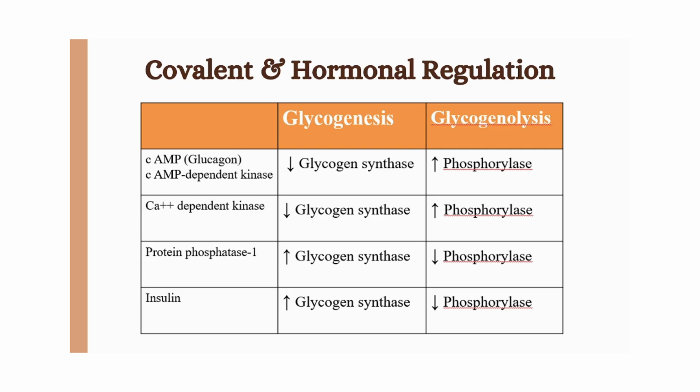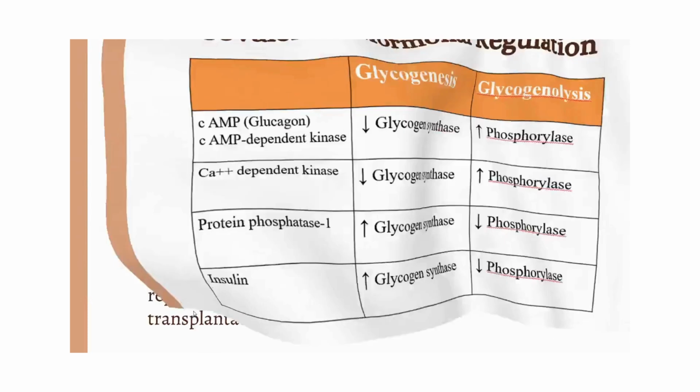So when there is a lot of glucose, insulin will be released and it will activate glycogen synthase to store all that glucose as glycogen, and at the same time it will inhibit the phosphorylase. It will stop glycogen breakdown because there is no need for it as long as the glucose is abundant.